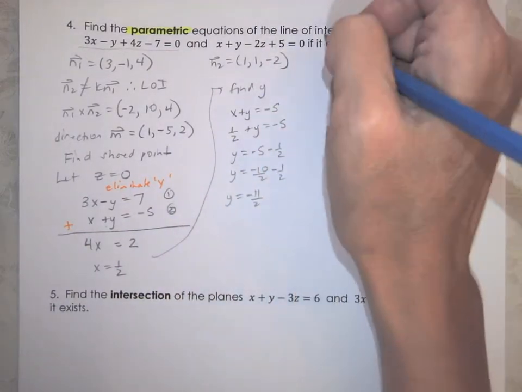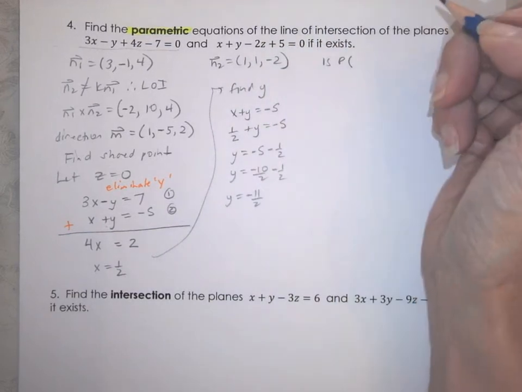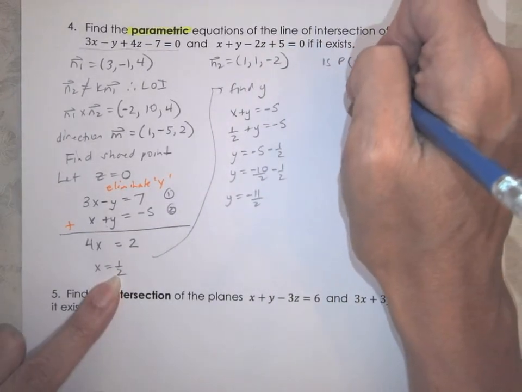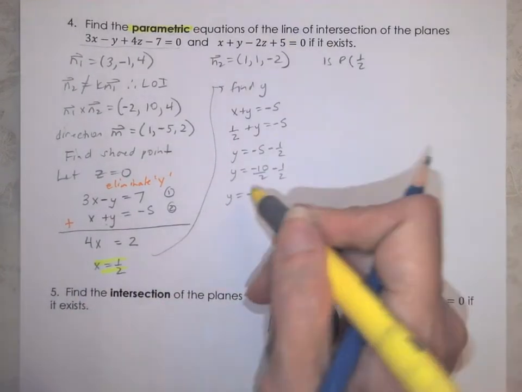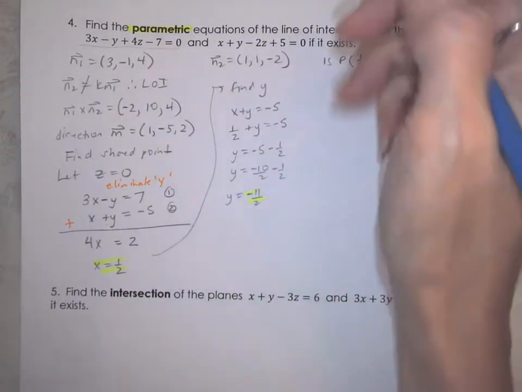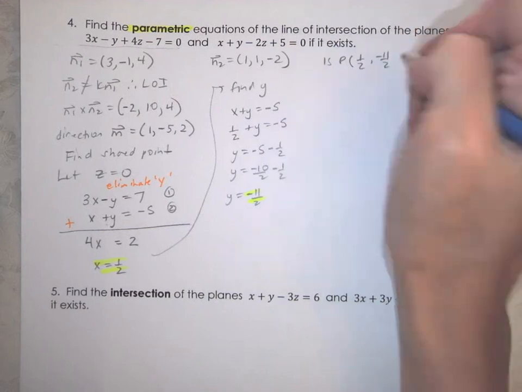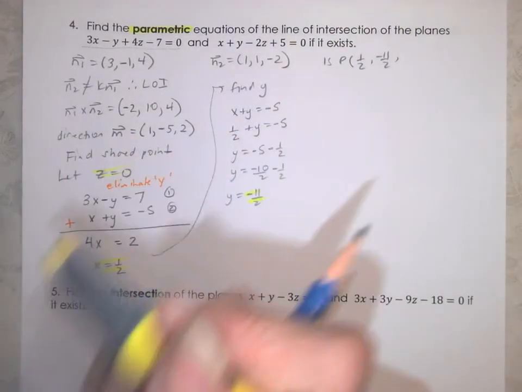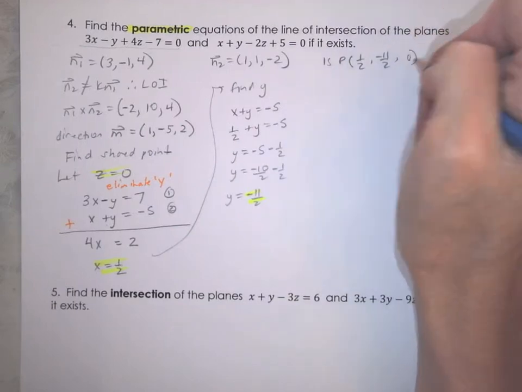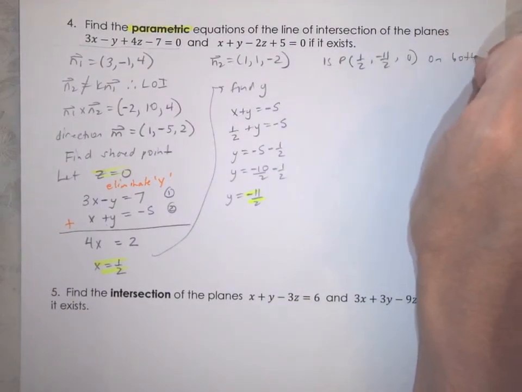So we have to test then, is the point 1/2 for x, negative 11 over 2 for y, 0 for z on both planes.